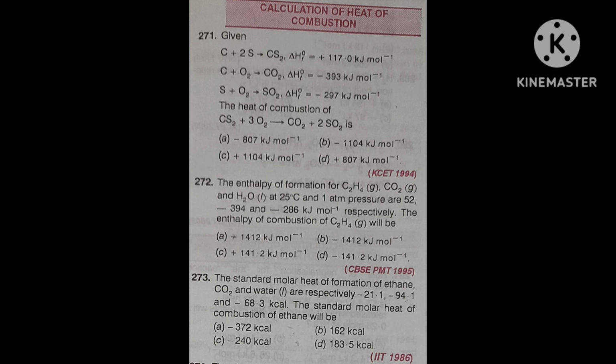Second, minus 1412 kilojoule per mole. Third, plus 141.2 kilojoule per mole. Fourth, minus 141.2 kilojoule per mole. I am repeating the options again: first, plus 1412 kilojoule per mole; second, minus 1412 kilojoule per mole; third, plus 141.2 kilojoule per mole; fourth, minus 141.2 kilojoule per mole.